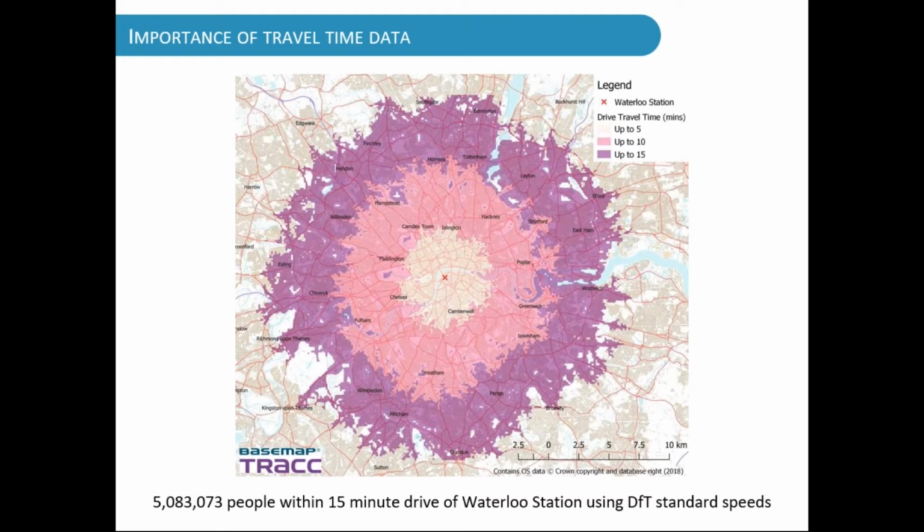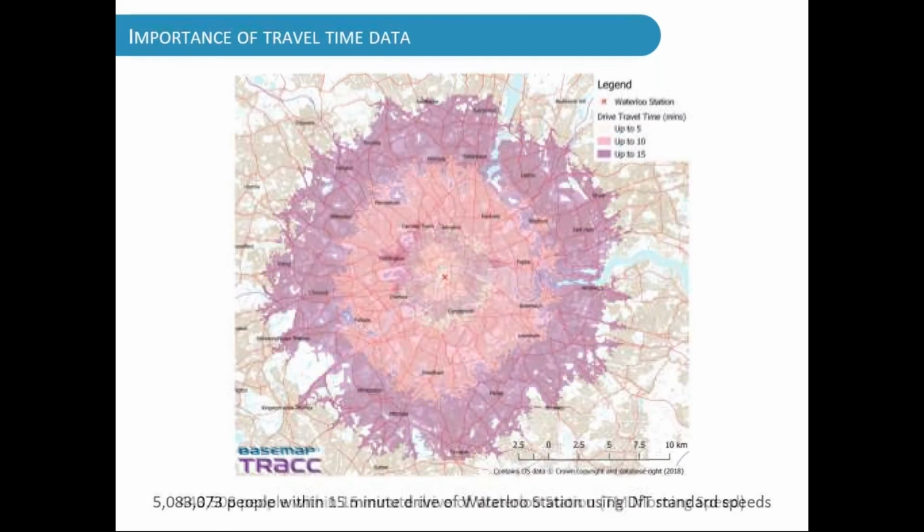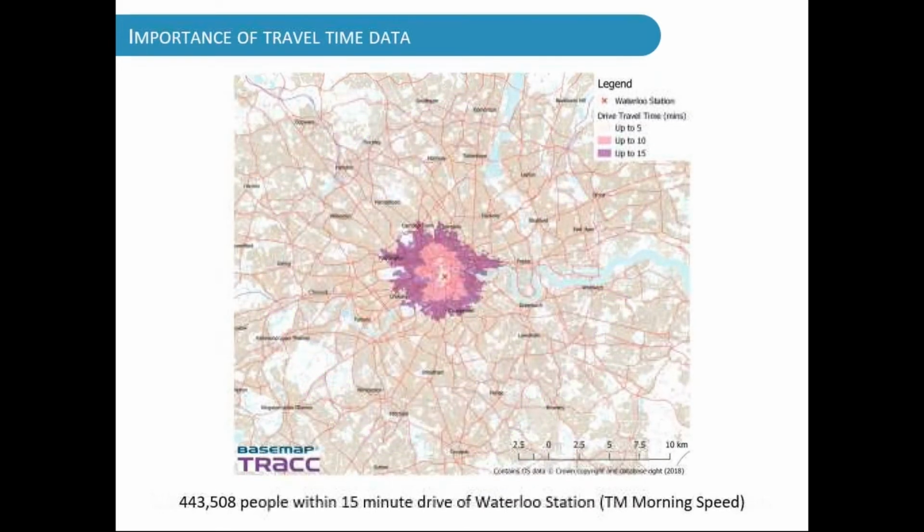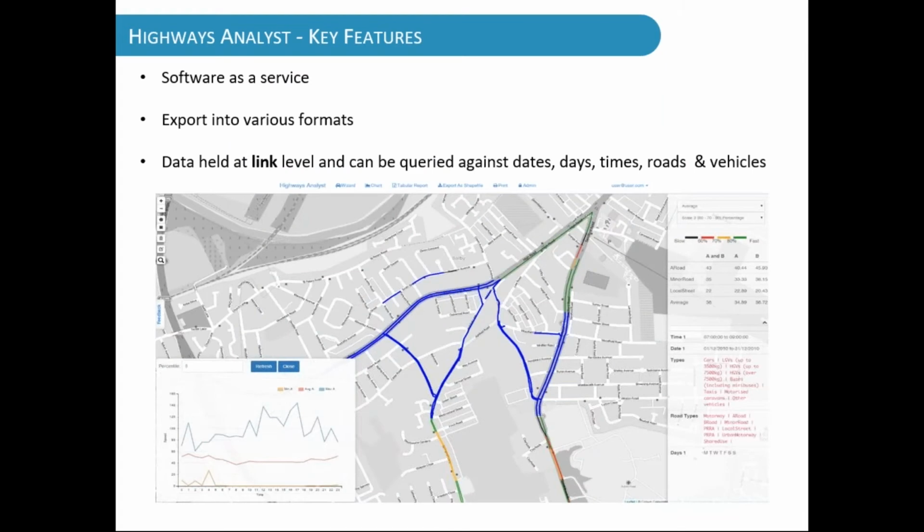But just by plugging in the TrafficMaster speed data to Highways Analyst, it now produces realistic drive times. And obviously the number of people that can access within that 15-minute drive time based on morning speeds is much, much lower.